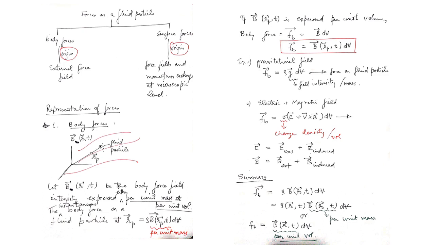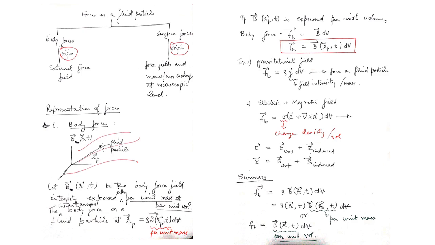This is the way we write the instantaneous body force acting on a fluid particle at some location rp. Now you can also write it if the intensity B is expressed per unit volume.